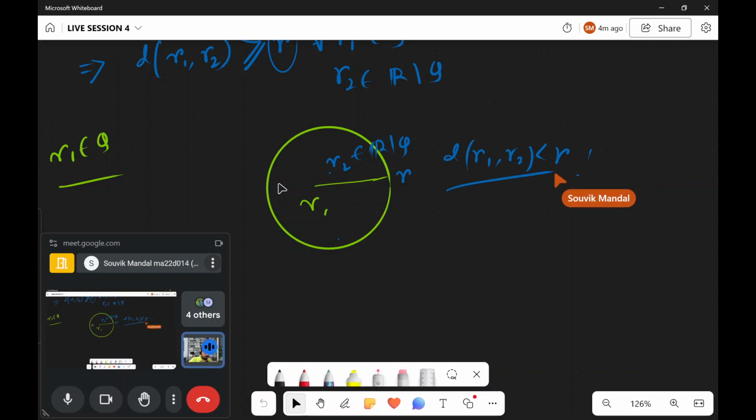This contradicts the fact that this little r is the infimum of all possible distances. So this implies that d of Q and R minus Q is equal to 0.